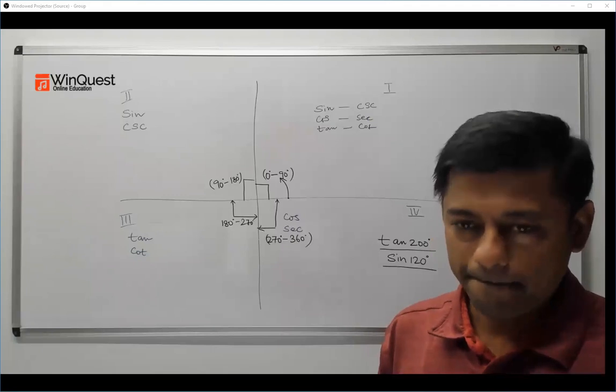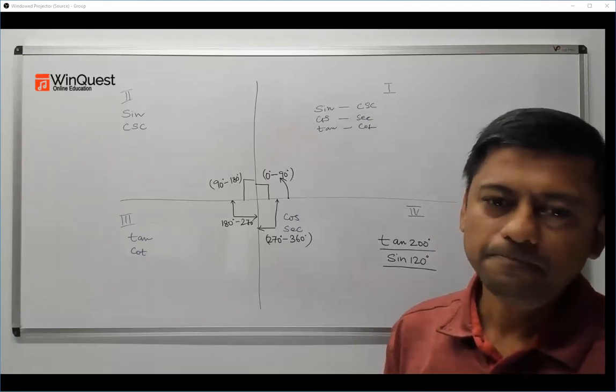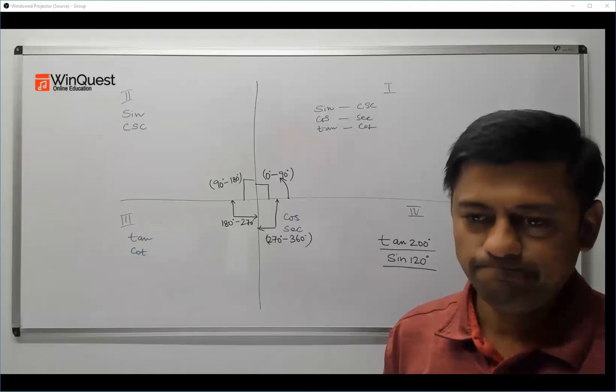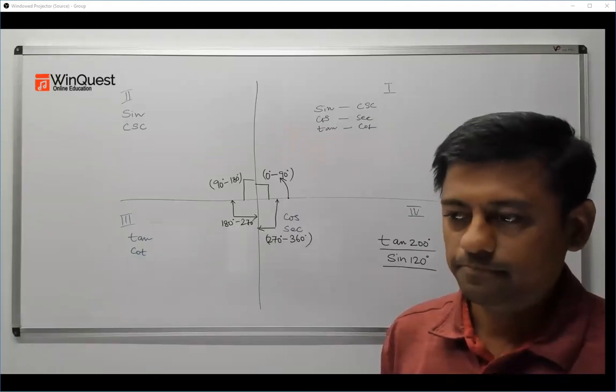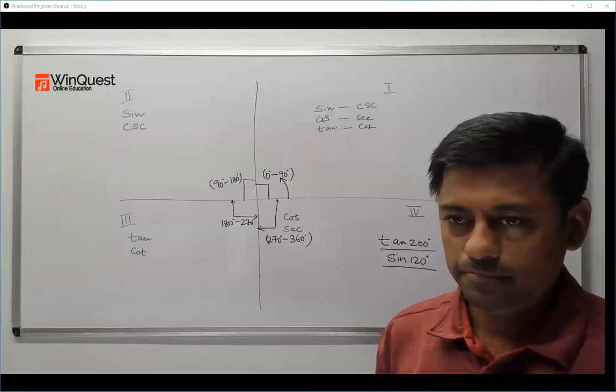In quadrant 2, only sine takes a positive value. In quadrant 3, only tangent takes a positive value. In quadrant 4, only cosine takes a positive value, and their inverses also take the positive value. All the other functions in those quadrants, if they don't belong there, take a negative value. Okay, thank you.